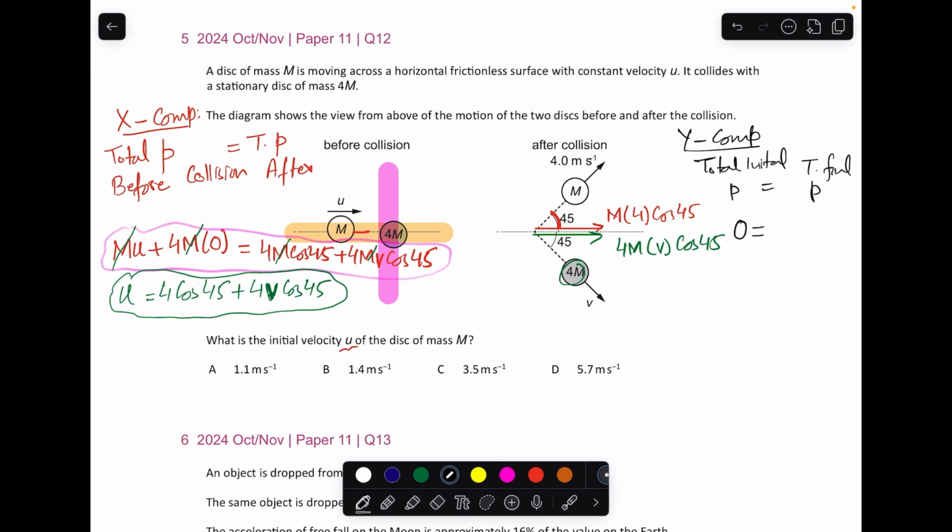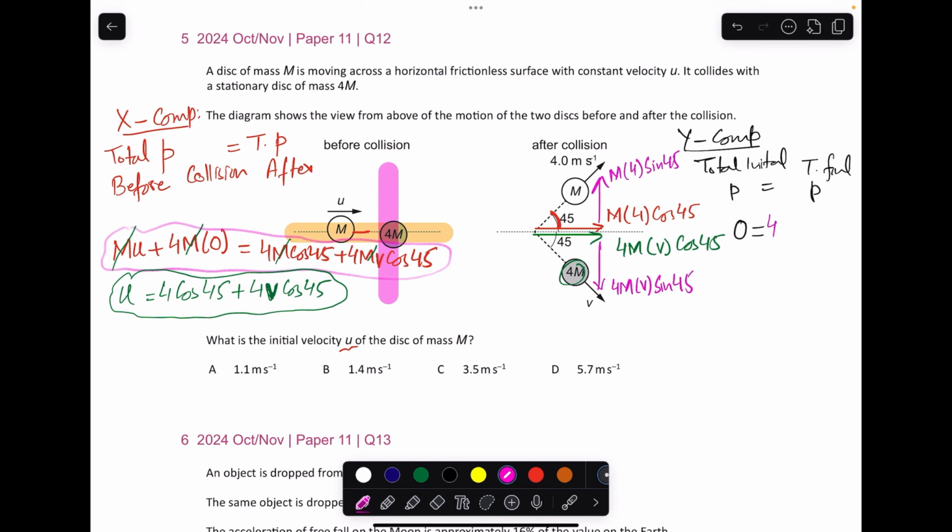And if you see the final, this will be the y component of the momentum. If you take upward positive, downward will be negative, and this will be mass into the velocity sine 45, and this will be mass into the velocity sine 45, but one will be positive, the other will be negative.